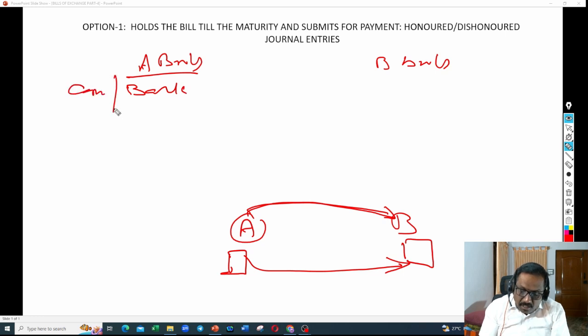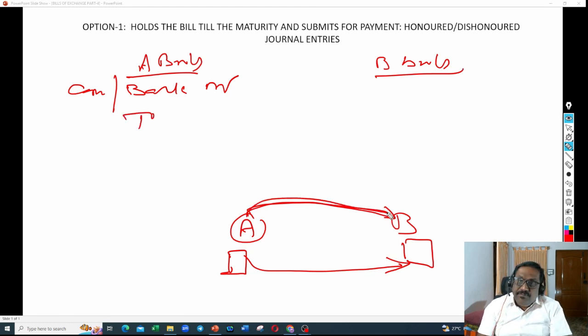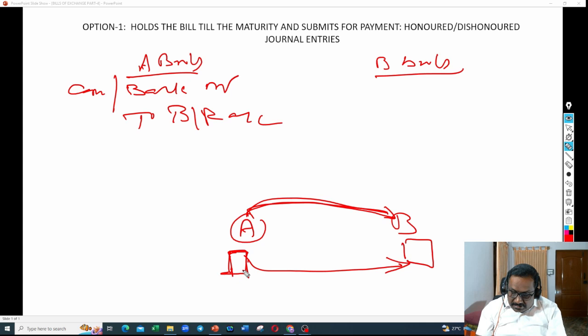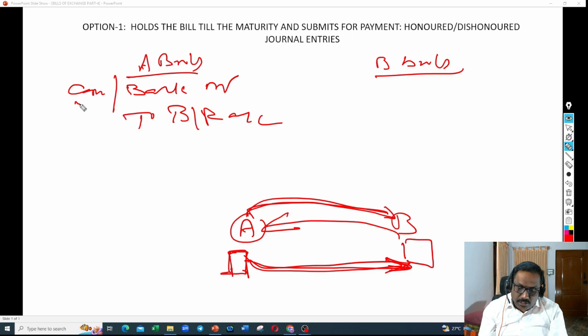Cash or bank account debit. And what is going out of A? He is giving back that bill to him. So bills receivable is going out, so bills receivable account credit. Whatever bill he has given, that bill is going out, cash is coming in. So cash account debit to bills receivable account.